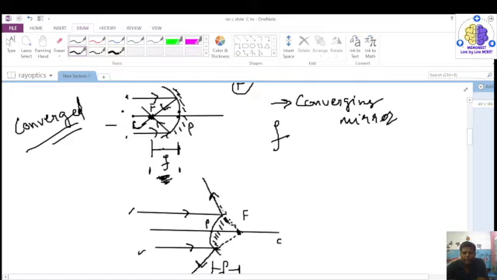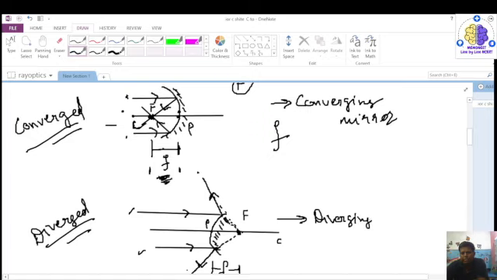Then they are getting reflected to two different points which are more far away, right? So here we can say that the light rays are getting diverged, right? They are getting diverged. So the convex mirror is known as your diverging mirror.